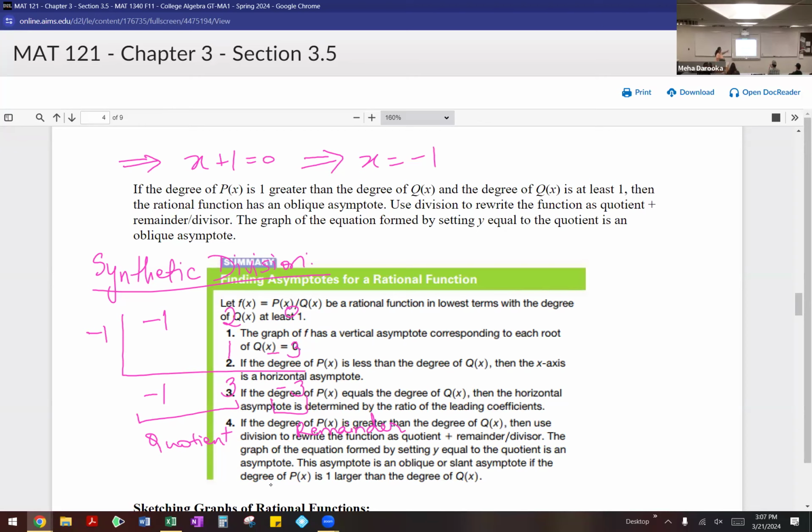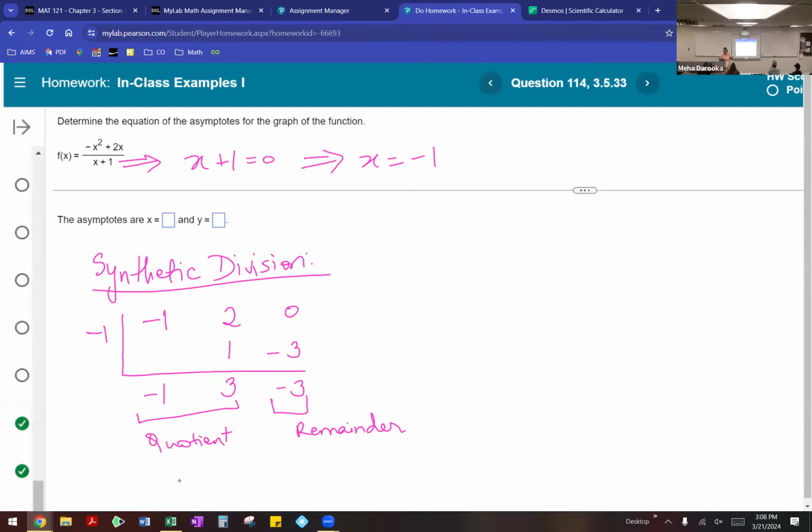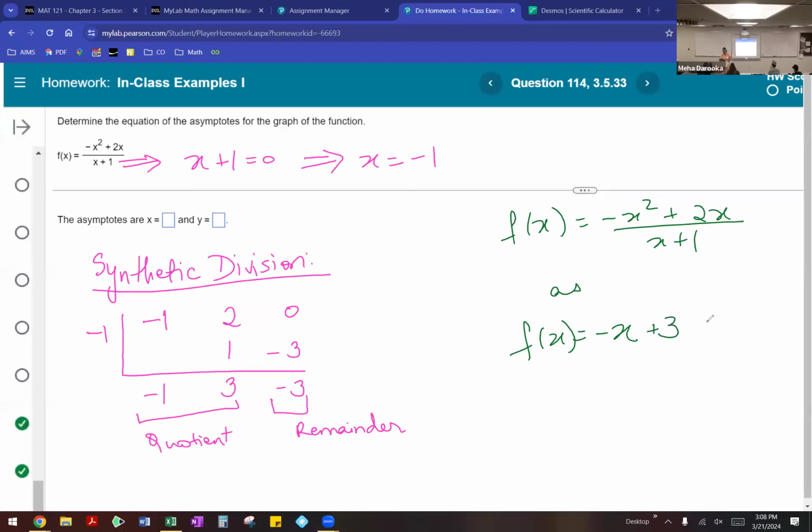So again, the oblique asymptote is just the quotient set equal to y, but if they ask you to rewrite the function, like instead of rewriting the function as what is given to us here, you can rewrite your f of x function, so this would be -x plus 3 plus take your remainder over x plus 1.